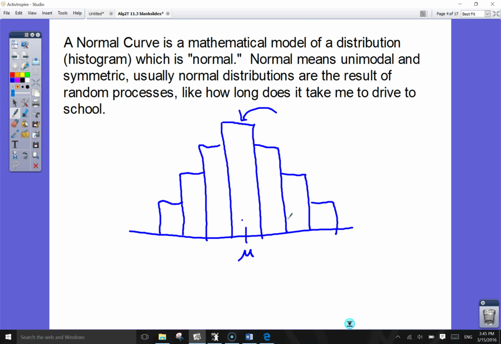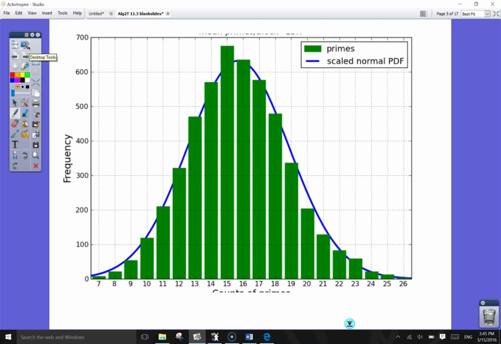And for that reason, I would expect that if I could make a distribution of, let's say, a month of driving times, it would probably look pretty close to this one right here. So that's normal.